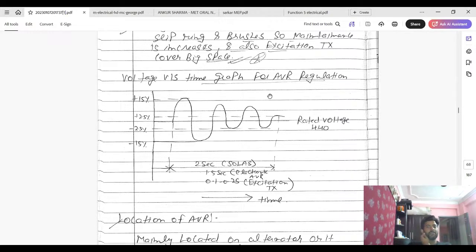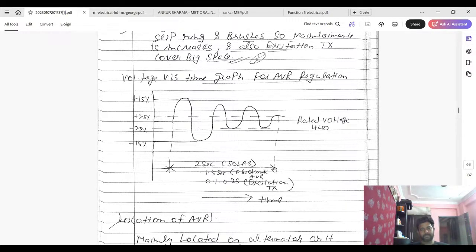Voltage versus time graph of AVR regulation. You can see before the regulation the fluctuation is from minus 15% to plus 15%. Then the AVR comes into action and this fluctuation comes down to plus minus 2.5% of the rated voltage. This is the time of action of the AVR, from here to here.